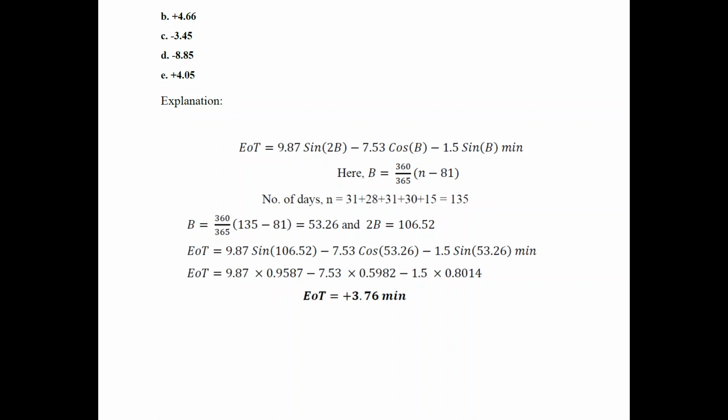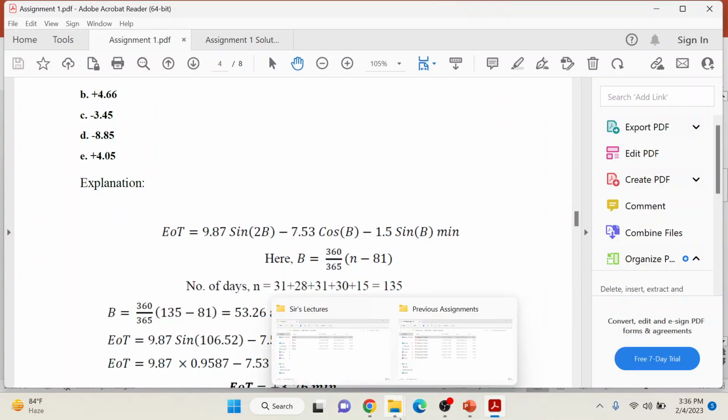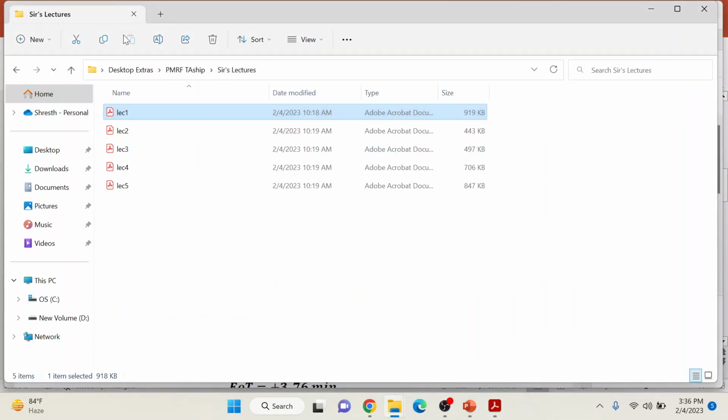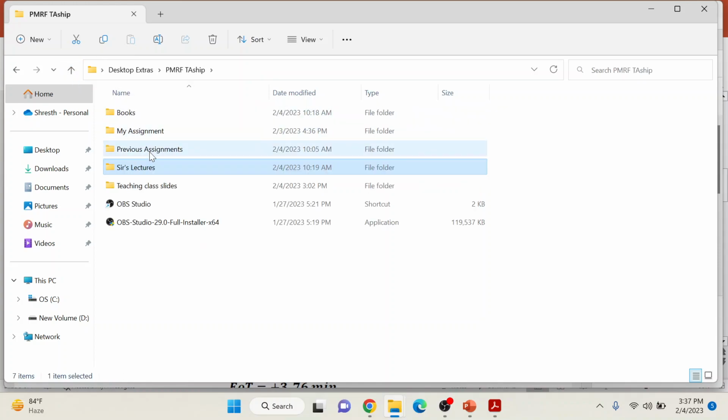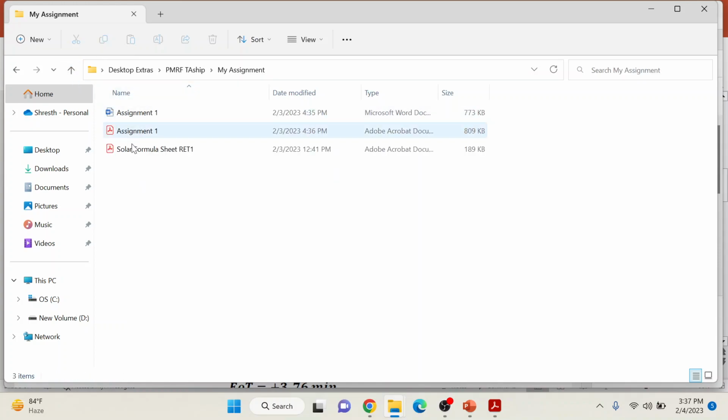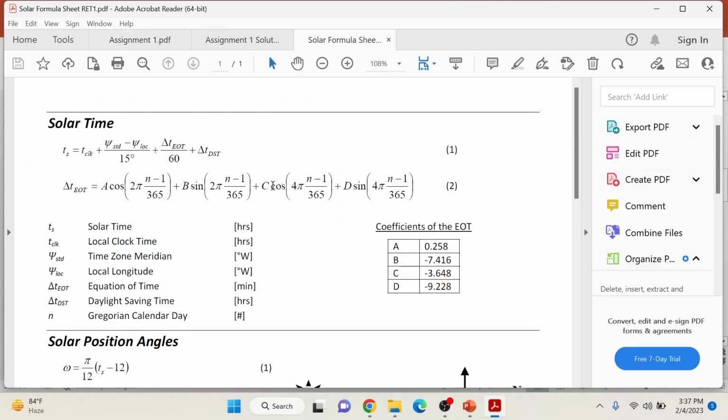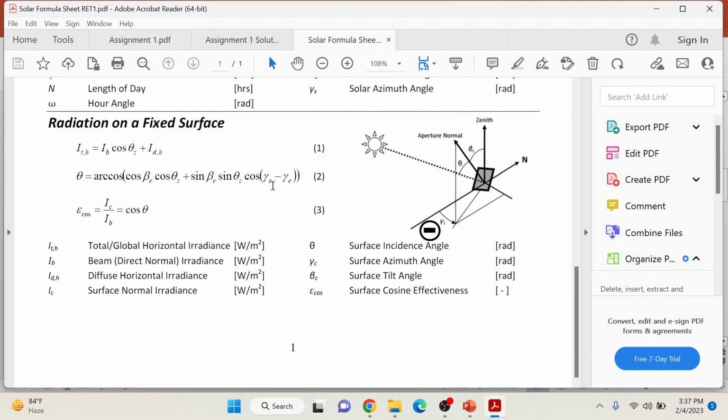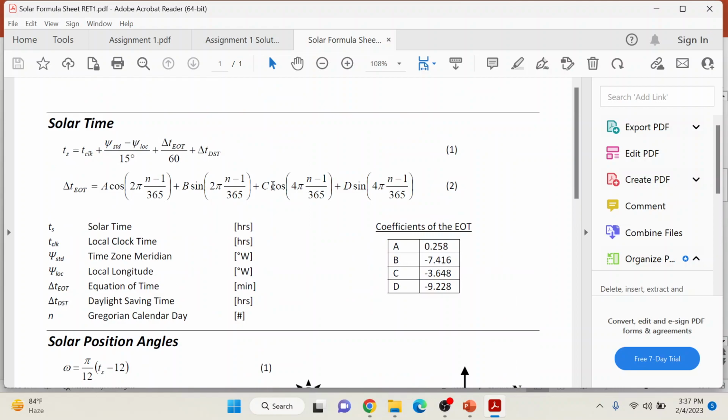Okay, before going to this, let me show you this. This is a formula sheet, and I will share it, in which everything is written, and there are certain formulas from where you can see the formula of equation of time.